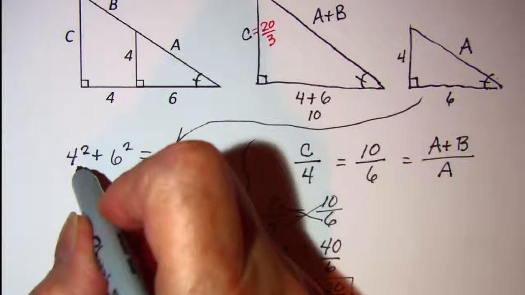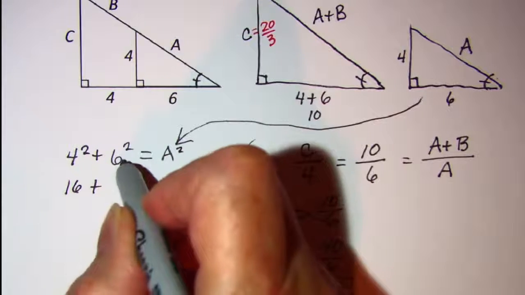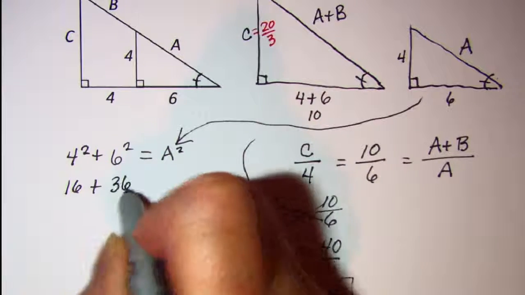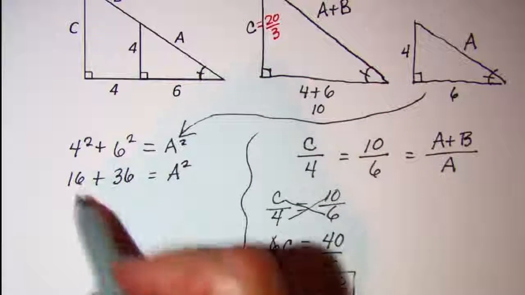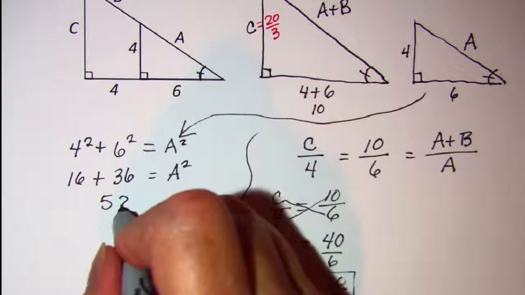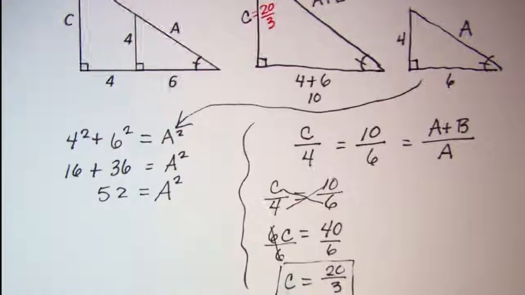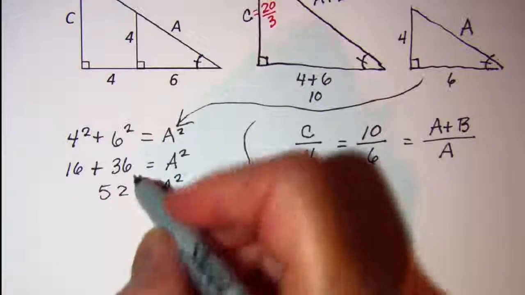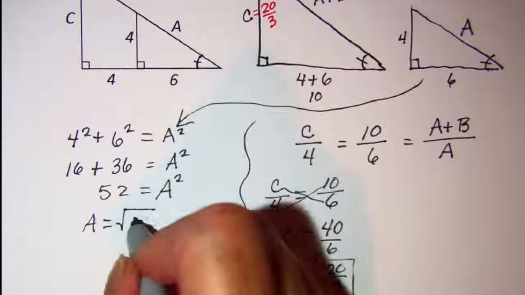So 4 squared is 16. 6 squared is 36. 16 plus 36 is 52. So if I square root both sides, I get A is equal to the square root of 52.